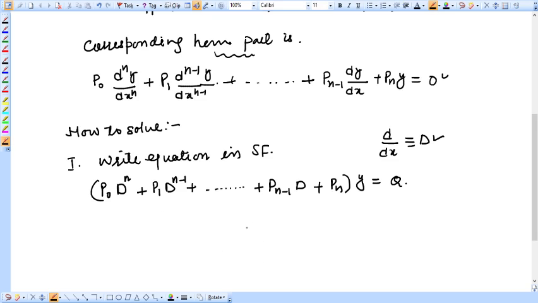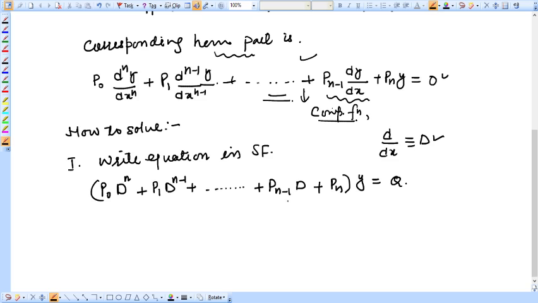How do we solve this sort of equation? We also have the homogeneous part. We used to solve this part, as we have done in the last video, and the solution we get from the homogeneous part of this equation is known as the complementary function.